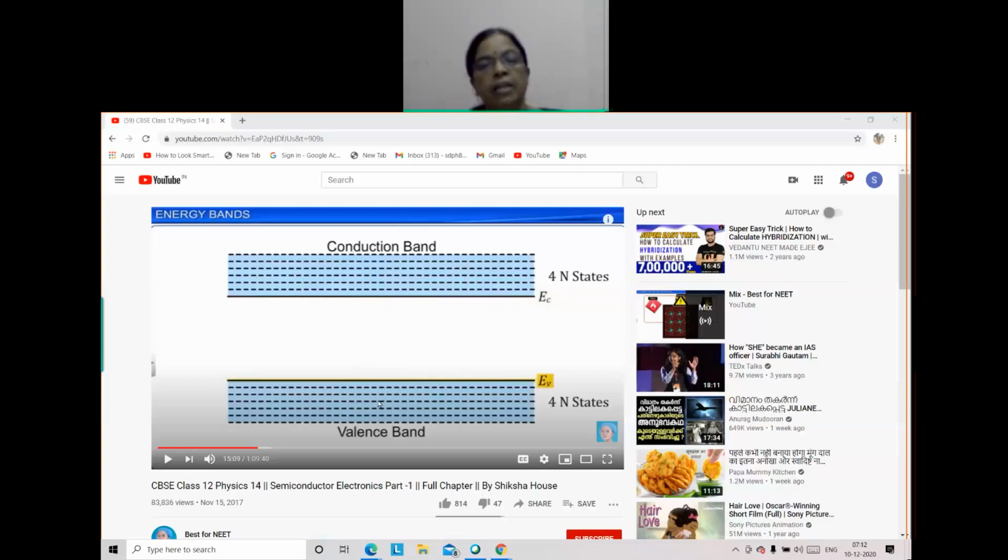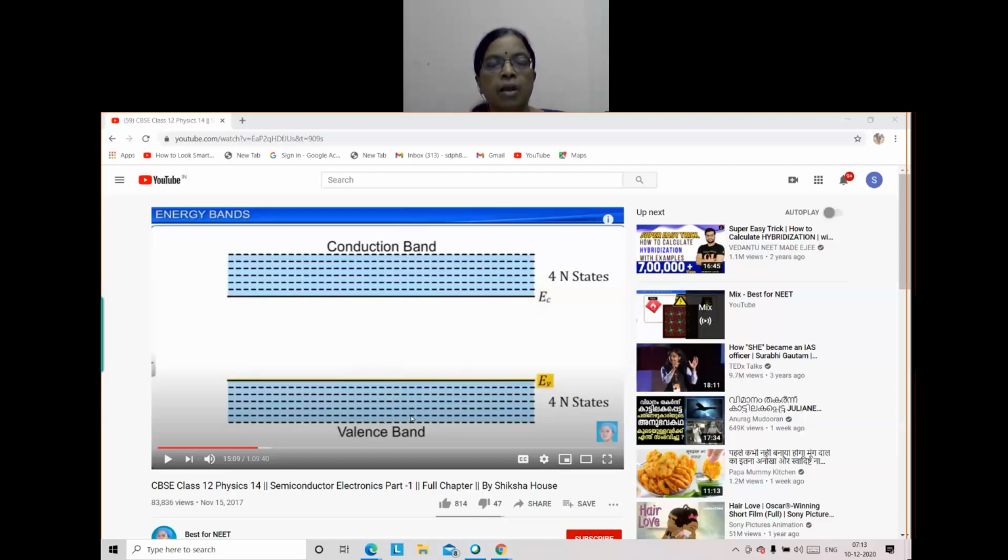So I will tell you, in an intrinsic semiconductor at very low temperatures, about 0 Kelvin, semiconductor acts as an insulator. Why does it act as an insulator? Here at a very low temperature, the valence band is complete.